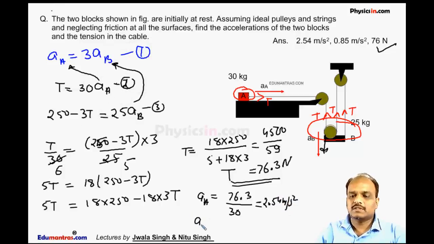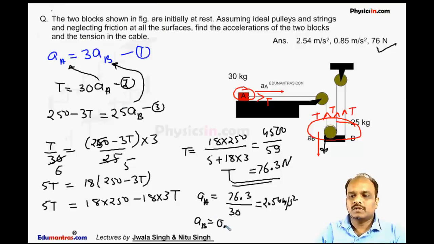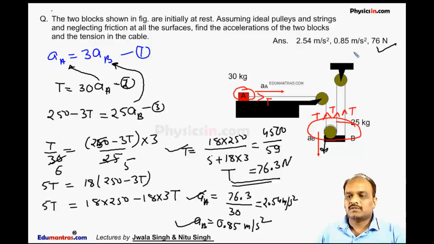In the same way, acceleration of B is 2.54 divided by 3, which is equal to approximately 0.85 meter per second square. So this is the tension in the string, this is the acceleration of block A, and this is the acceleration of block B. So this is our answer.